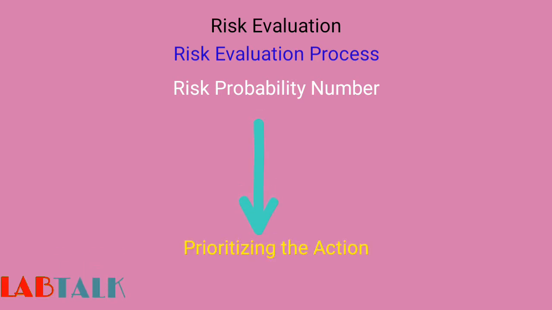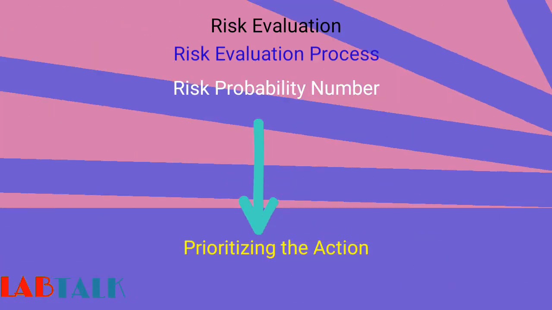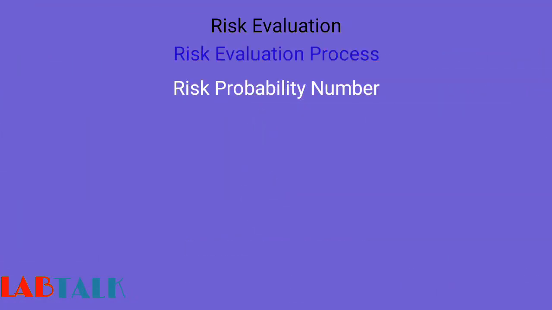The bigger the RPN, the more important it is to address the corresponding failure, and this number should be used for prioritizing the risk and taking actions for the more important processes. So if the RPN is higher, you need to prioritize that process for risk elimination or treatment of the risk.